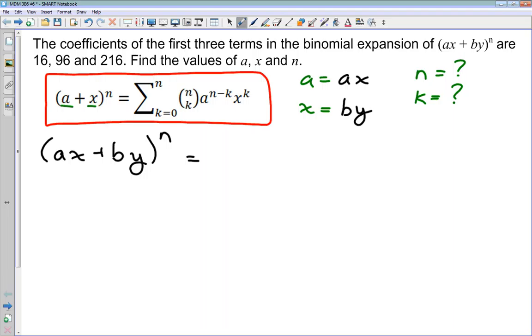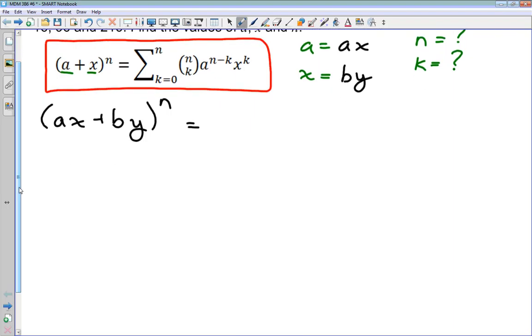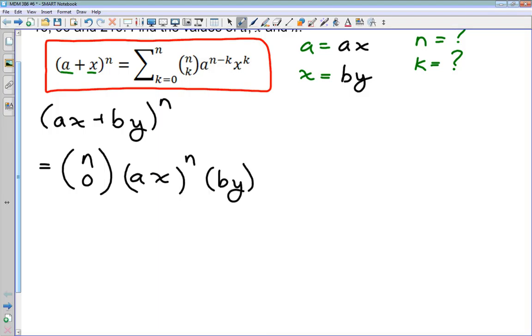So if we're expanding (ax + by)^n, our first term, the k equals 0 term, is n choose 0, (ax)^n, and then (by)^0. Our next term is going to be n choose 1.